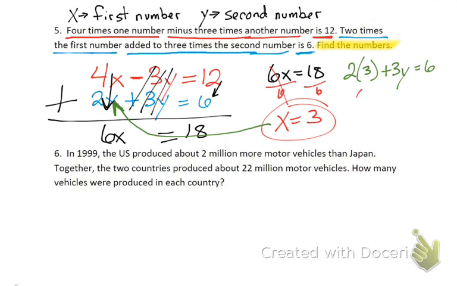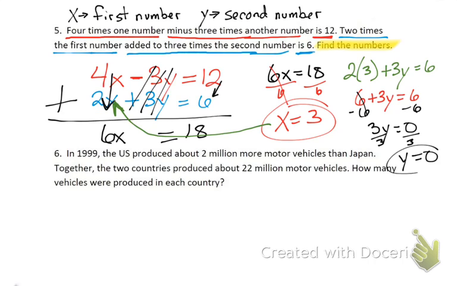So 2 times 3 is 6 plus 3y equals 6. I'm going to subtract 6. So 3y equals 0. Divide by 3 means y equals 0. So that tells us that, and I'm going to go back here and erase some of our work so I can write my answer.